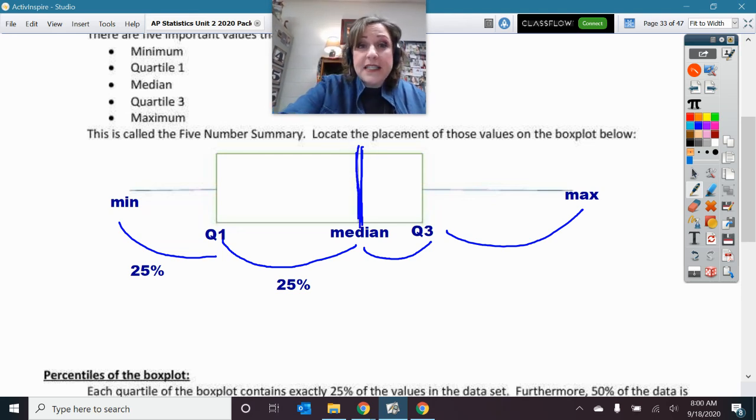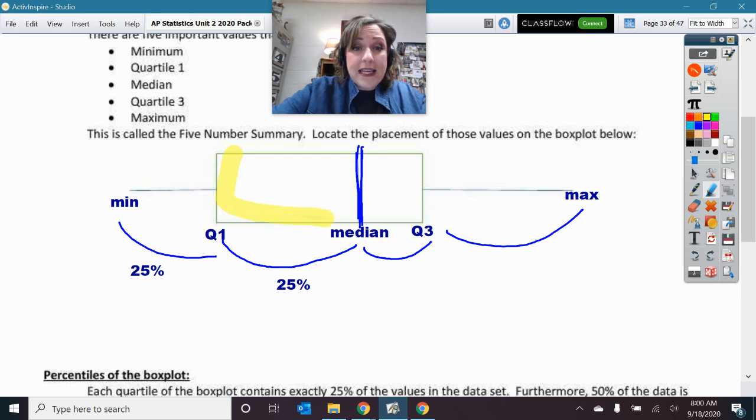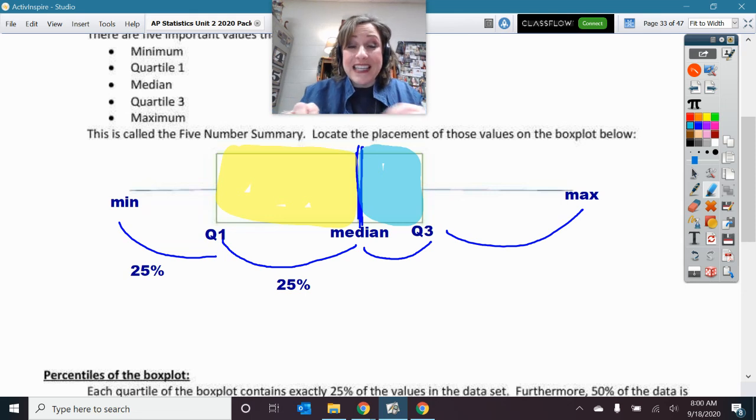So you have 10 pieces of data on the left, 10 pieces of data on the right. Now, what we definitely want to look at is why is this part of this box wider than this other part of the box, when they both contain 5 pieces of data, if this was a 20-piece data set.